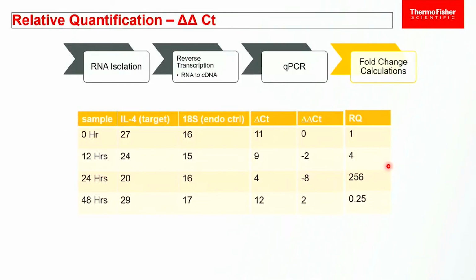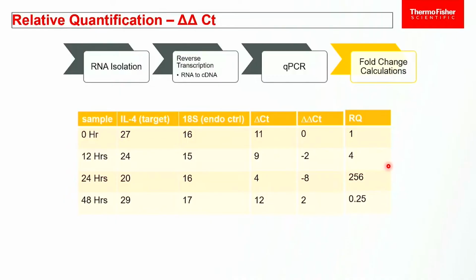So the meaning of RQ: 1, no change. A positive value for RQ is an increase in a fold. So 4 means I had 4 times as much in the 12-hour sample as I did in the 0 time point. 256 for the 24-hour sample means I had 256 times the amount of material for this target in the 24-hour sample than I did when I started at time 0.